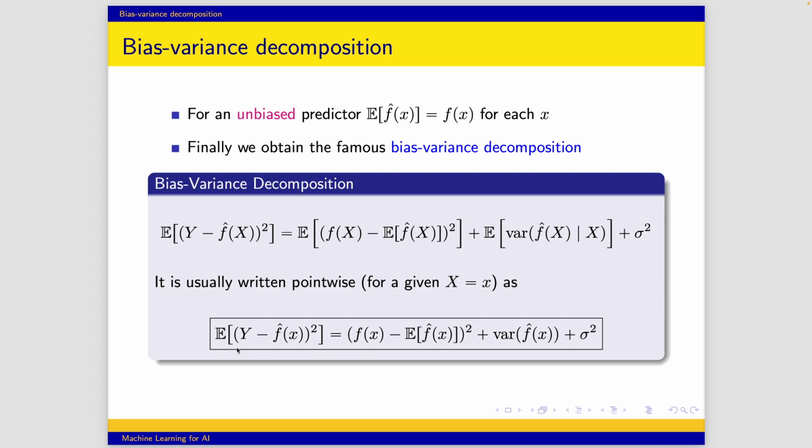What we end up with is the expected value over the random samples of this squared error is equal to the model bias squared plus the model variance plus what we call irreducible error, error due to noise, right?